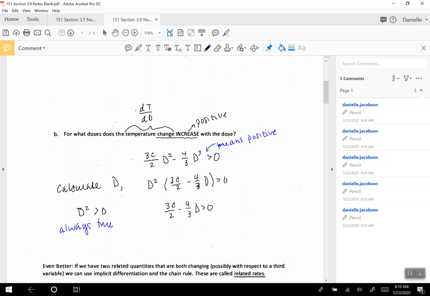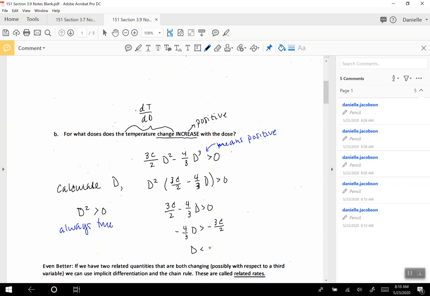So what we need to do is solve for d here and ensure that this is going to be greater than 0. So solving for d, I'll subtract the 3c over 2 to the other side to get negative 4/3 d is greater than negative 3c over 2. Now I'm going to divide the negative 4/3 over. So I have d is, and then remember from algebra, if you divide by a negative, you have to flip the inequality.